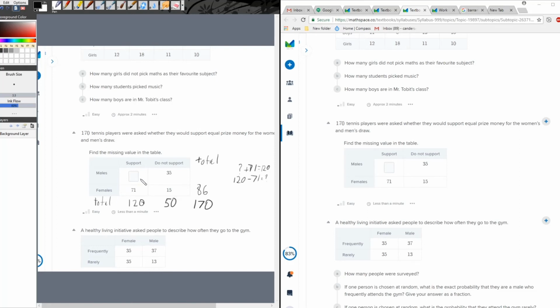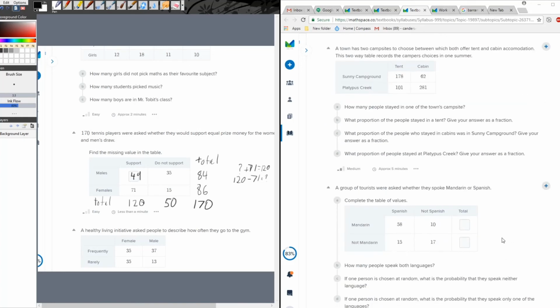So we would need 49 to go here. And we can also fill in this total, so this would be 84, and we can check because 84 plus 86 is 170. So that's how to fill in a two-way table.